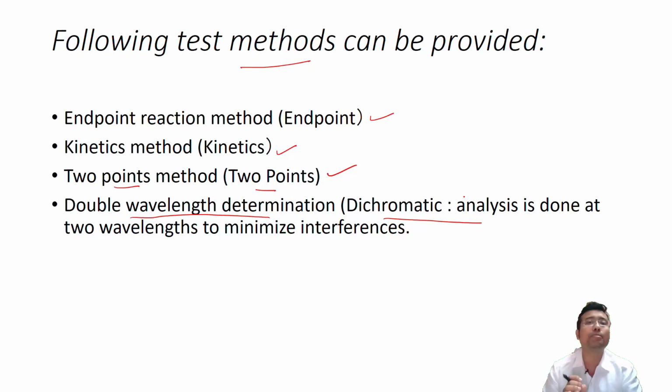This is the same principle that we use in a double beam spectrophotometer. This provision is also available in a semi-automated analyzer. So you should know the principle of each of these reactions and at least 1 to 2 examples of each type of method or analyte that is analyzed using these methods.